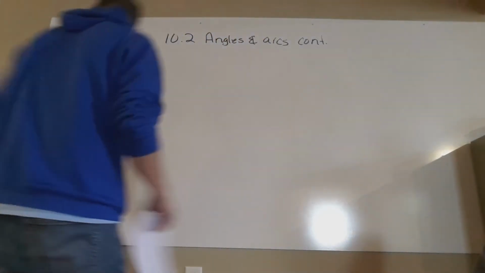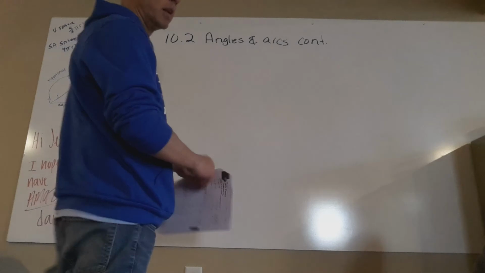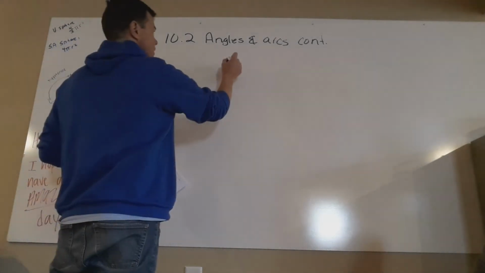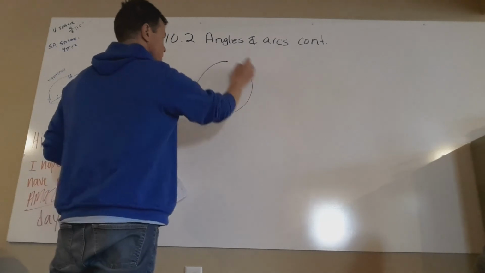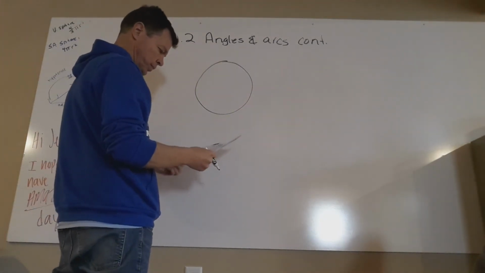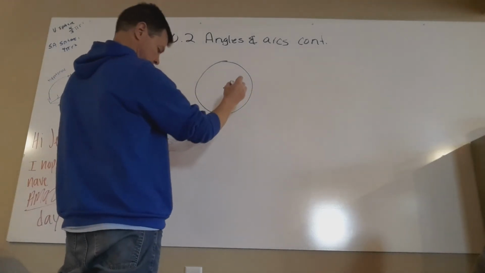Okay, third section, as I said, deals with lengths of arcs, not the angle measures of them, but the lengths. Here's our circle. D right here.